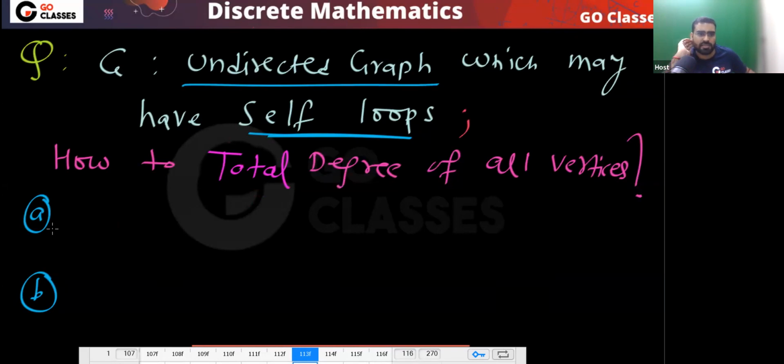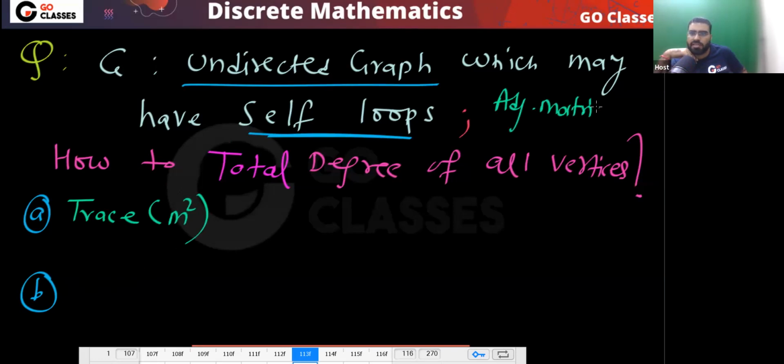So let's see this. Now I am giving you some options. The first option is trace of A square, or I can say trace of M square, where the adjacency matrix is M. The next will be trace of M plus M square.